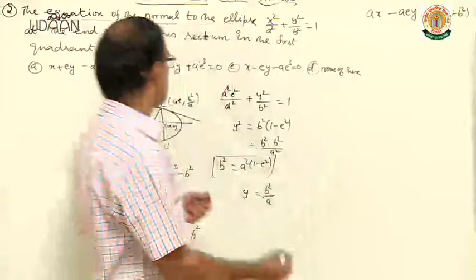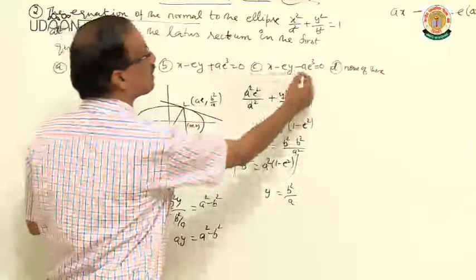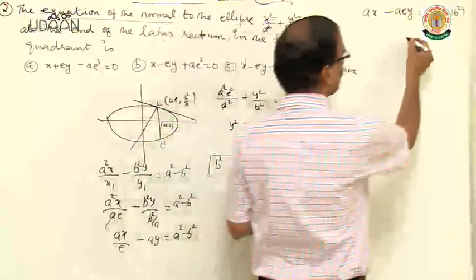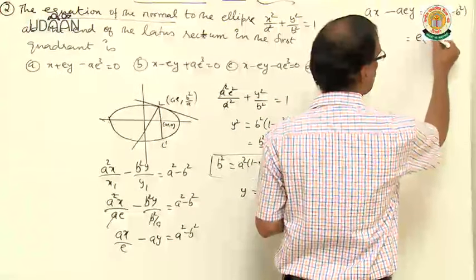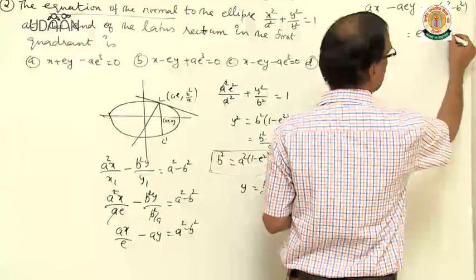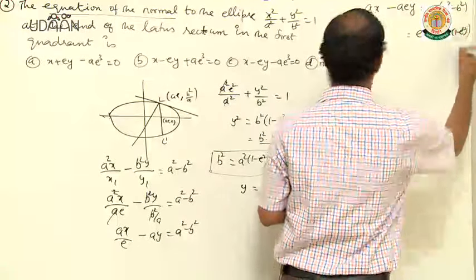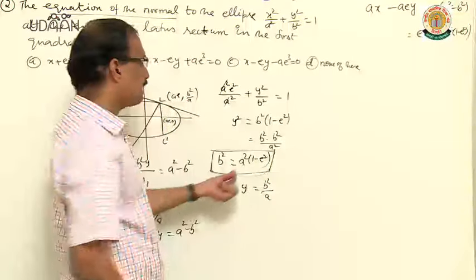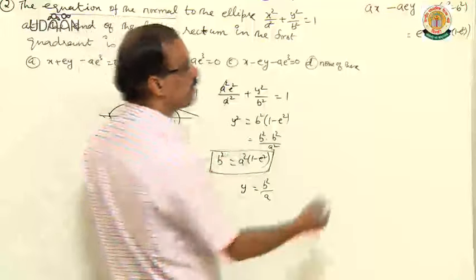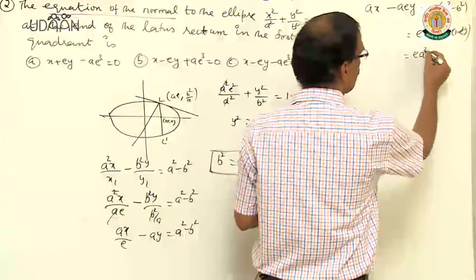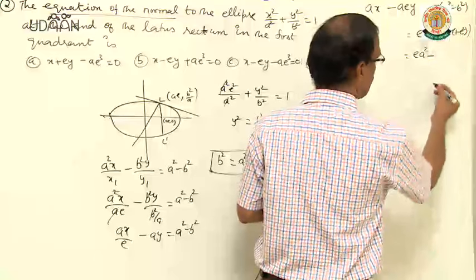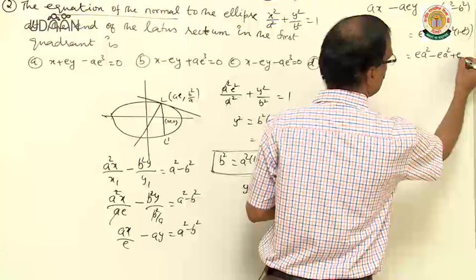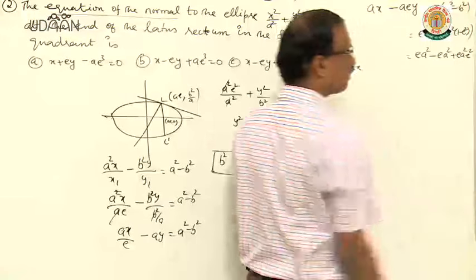Now here in the answer we have nothing involved with b, so we have to change the value of b square. So e into a square minus a square into 1 minus e square, because we have b square equal to a square into 1 minus e square. So this gives us e a square minus, if you take it inside, e a square plus e a square e square.